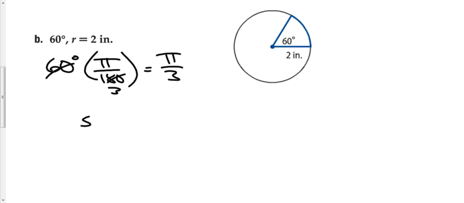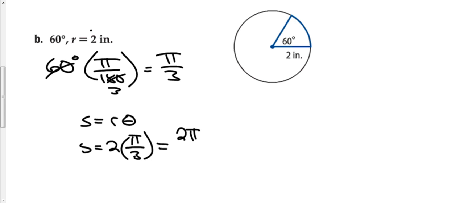Now we can use my formula. S is equal to r theta. So my arc length is going to be my radius, 2, times my angle. And so my answer is going to be 2 pi over 3 inches. And I'm going to change that into a decimal again to give me 2.1 inches.